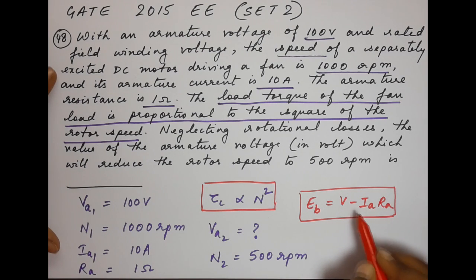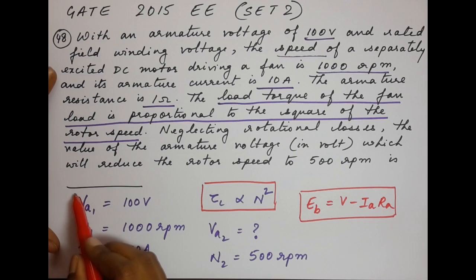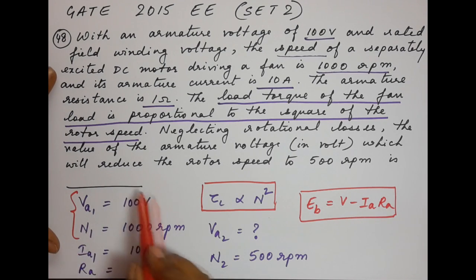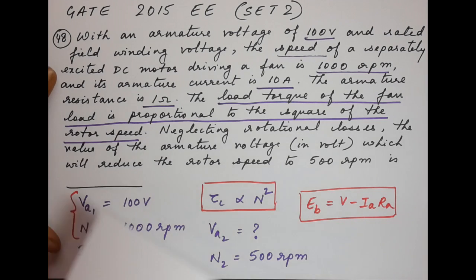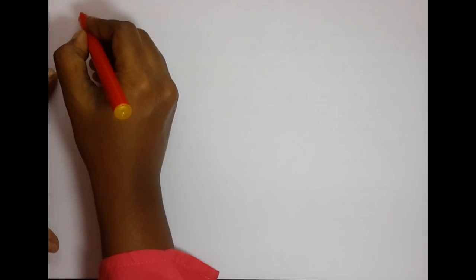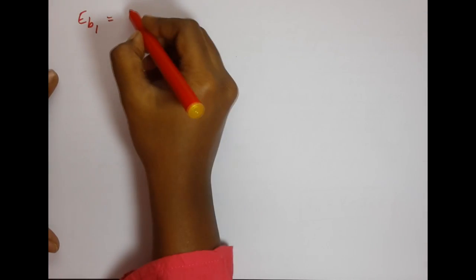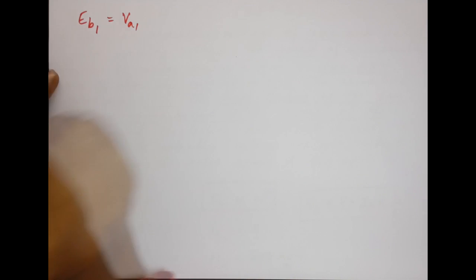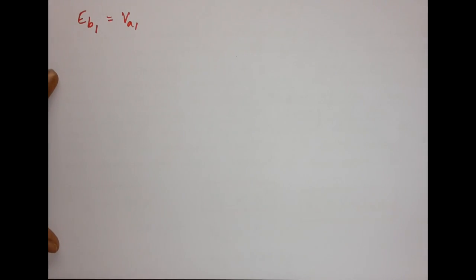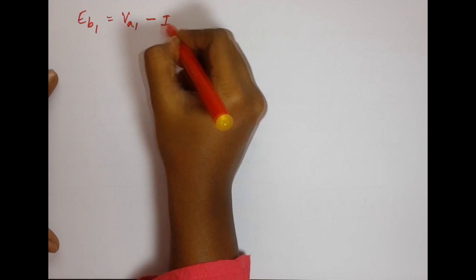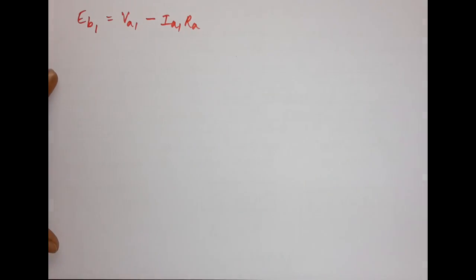Now let's use this in order to find out the back EMF at the first set of values. Alright, so I'll just grab another sheet of paper here. So we are going to use the relationship that I've just written, and let's find out what is the value of EB1 when we have the values of the armature voltage, the armature current times RA.